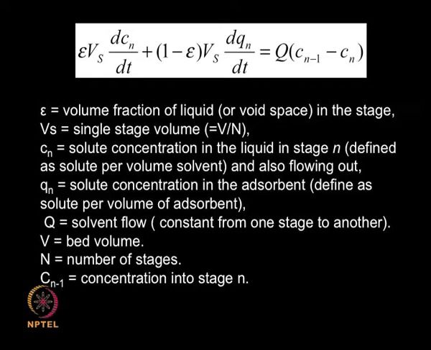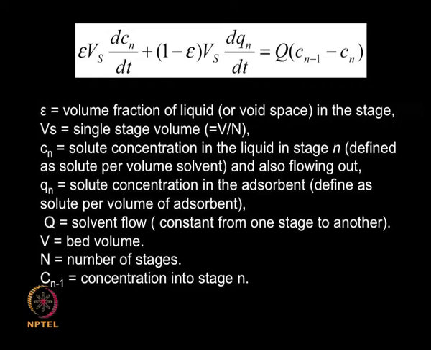Cn is the concentration of the solute in the mobile phase inside the stage, as well as the concentration of the solute in the mobile phase leaving stage small n. Cn minus 1 is the concentration of the solute in the mobile phase entering stage small n. Qn is the concentration of the solute in the stationary phase inside stage n.